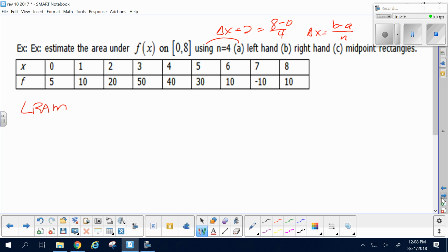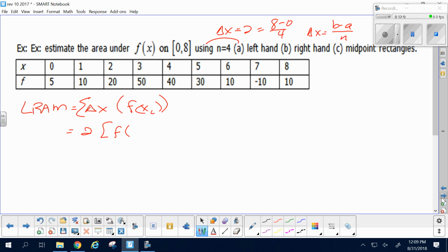Okay, so the delta x times f at different x's. Is delta x common in this case? Yes. So, left hand. Give me the f values.